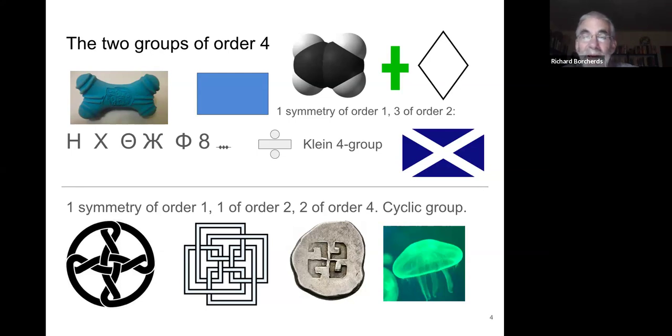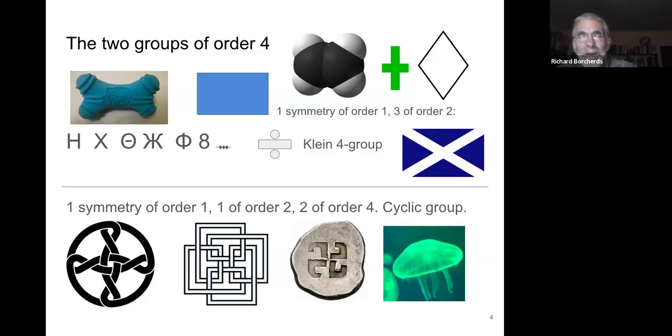On the bottom of this slide are some objects with another symmetry group of order 4. This group is different from the ones at the top because on the bottom there are some elements of order 4. For instance, if you take this funny knot on the left at the bottom and rotate it by 1/4 of a revolution, you can repeat that 4 times to get back to where you started.